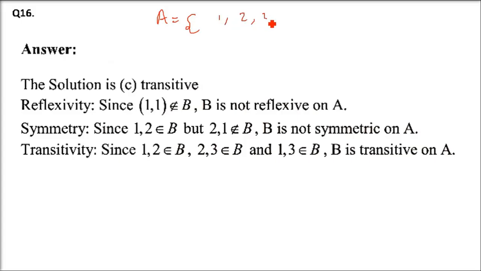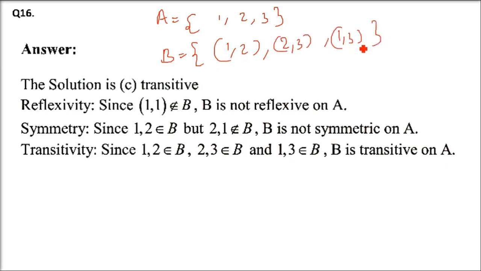A is given as 1, 2, 3, and the relation is a subset of A cross A: (1,2), (2,3), (1,3). So (1,1), (2,2), (3,3) is not there. It is not reflexive. Symmetric: (1,2), (2,1) is not there. So it is not symmetric. It fails at (1,2) only.